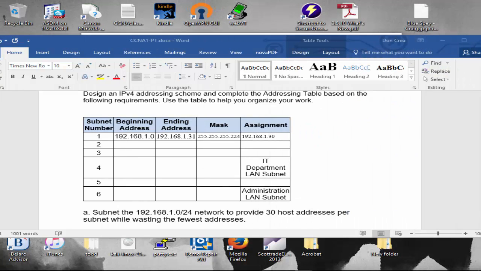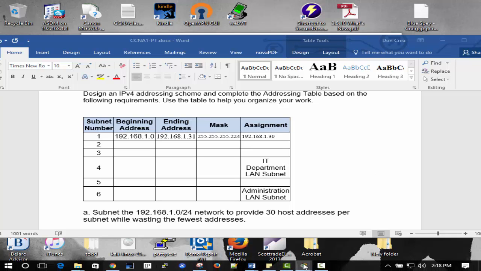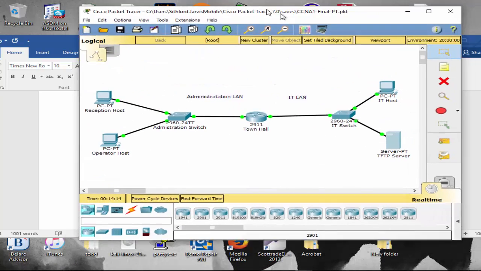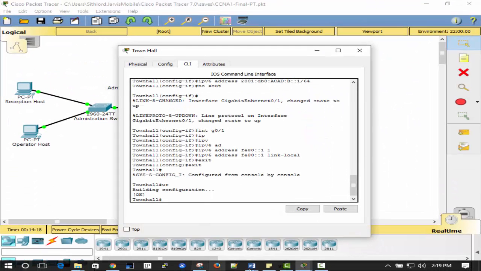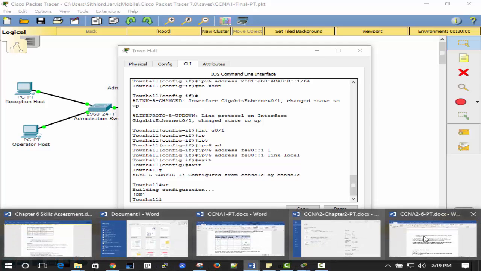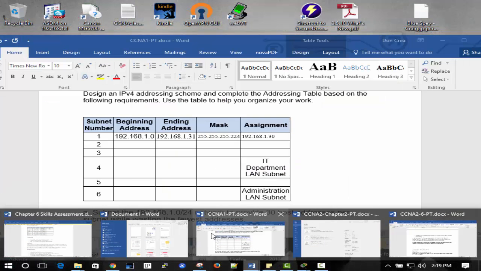It should be 30. Okay, so let's bring that back over there. And that said G00, right? Where's my Word document? Sorry about that.